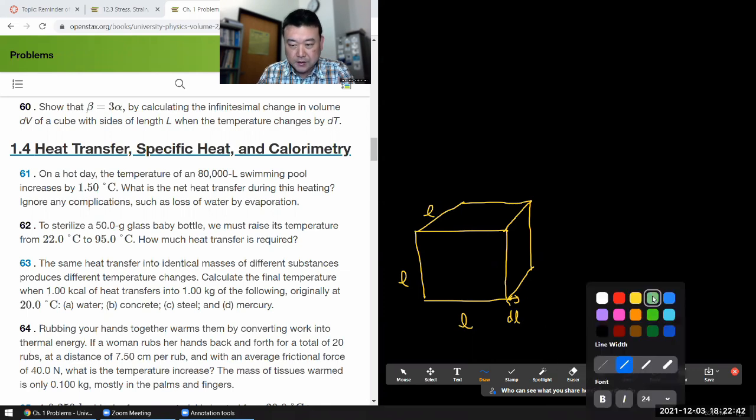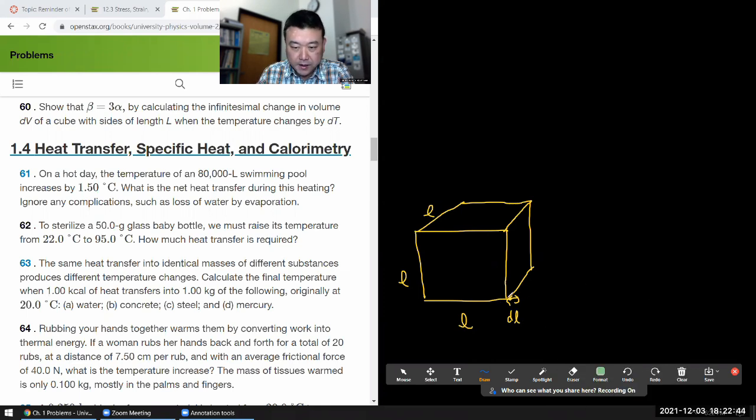So the expanded cube would look like, okay, this would expand to here. Now, in this dimension, it would expand a little bit as well. And finally, in the depth dimension, it will expand a little bit as well. So this is the expanded cube that you're dealing with.